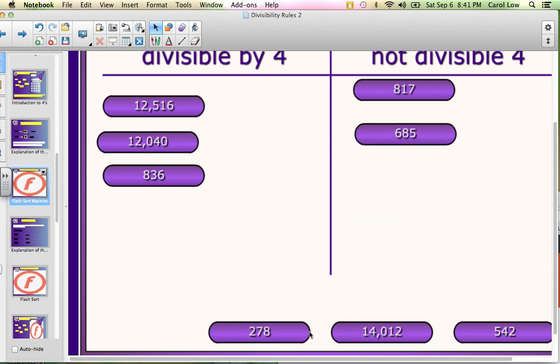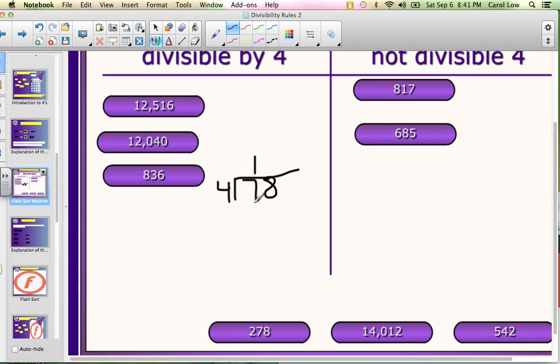How about 78? Let's look at that one a little bit closer. 78 divided by 4. I'm thinking it will, but let's just make sure. 4 into 78 is not divisible, because it would go in there 19 times, so it would be 19 remainder 2.